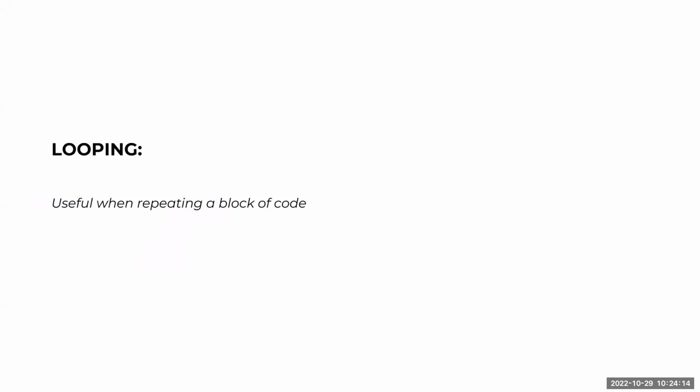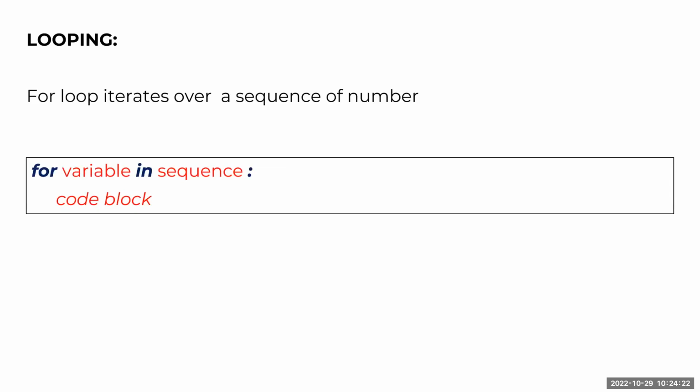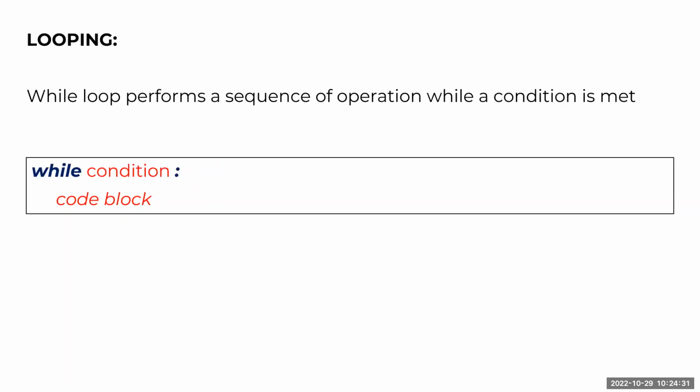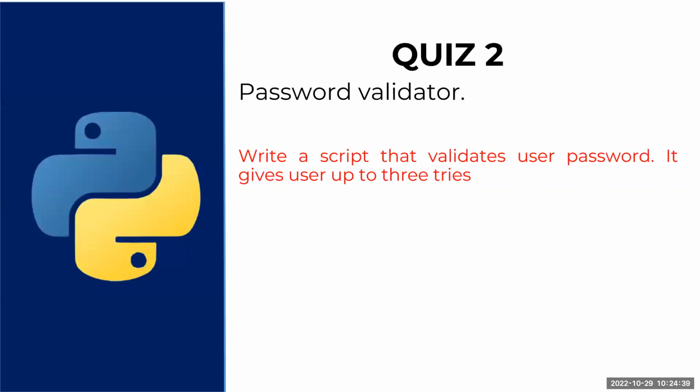We use loops when you are trying to repeat a block of code over and over again. We spoke about two types of loops. The for loop, where we iterate over an iterable a fixed number of times, and while loops, where we evaluate the code while the condition is still true.